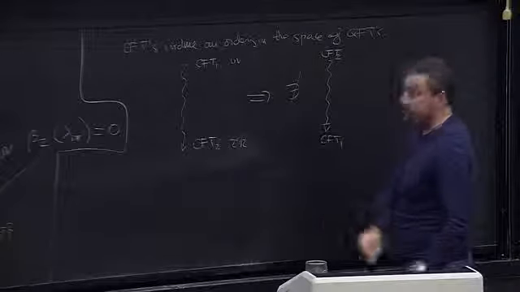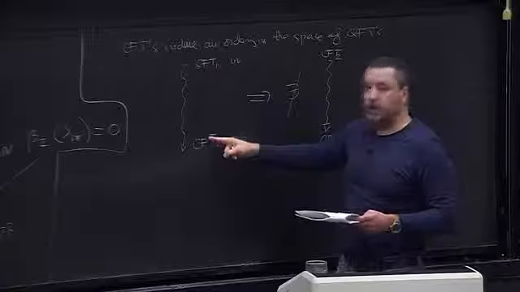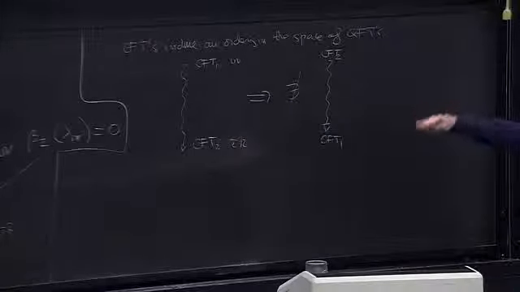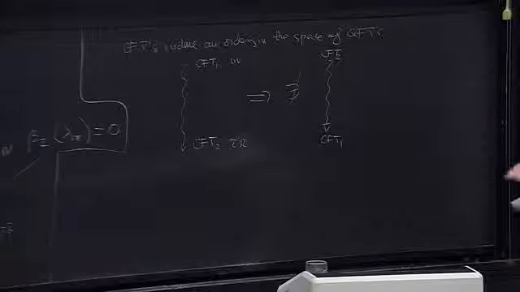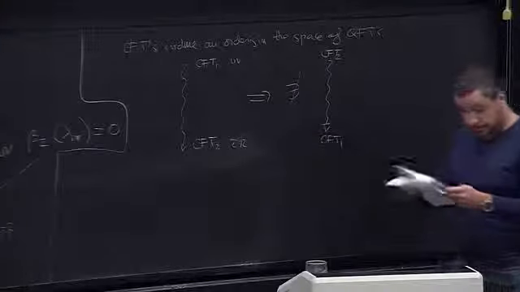This doesn't exist. So in some sense, RG flow is irreversible. You can go only in one direction. If you can go from here to here, you can never go from here to here. So you can think of this in the space of field theories as providing a certain height. You can think of coming down from some height function, and you can only go down in one direction, essentially.